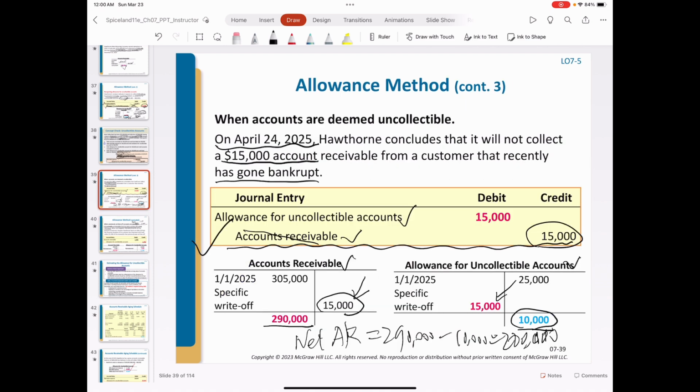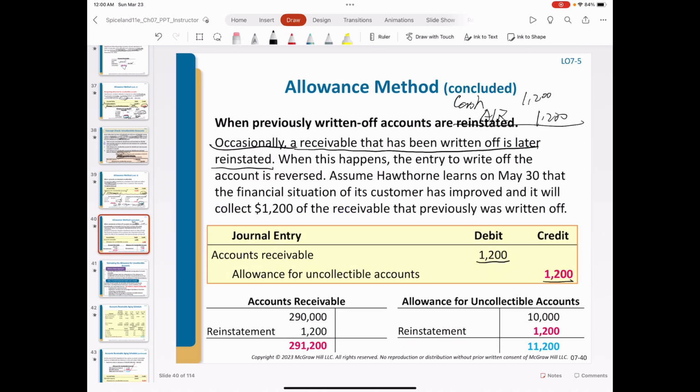Basically, we will reverse the journal entry for the write-off. The reason is the recovery is from a prior write-off. So if it is recovered, we will reverse the journal entry, making this one, and debit cash, credit the amount that has been recovered.